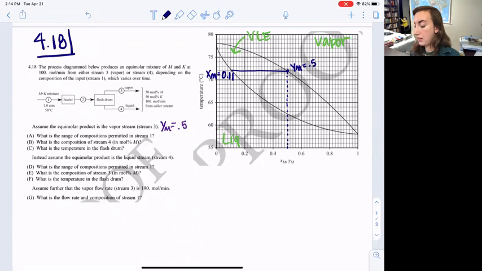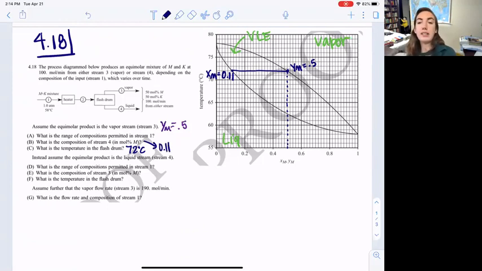We drew our tie line at constant temperature, and if we read the temperature off of the y-axis, our temperature is 72 degrees C. I'm answering these a little bit out of order, but that means our temperature in our flash drum is 72 degrees C. And what's the composition of stream 4? Stream 4 is our liquid phase, and we already read that off the graph, it's 0.11.